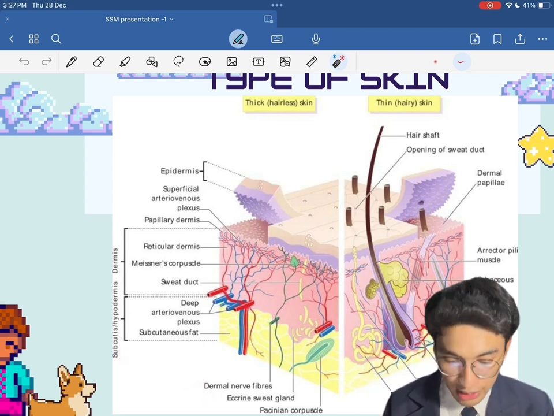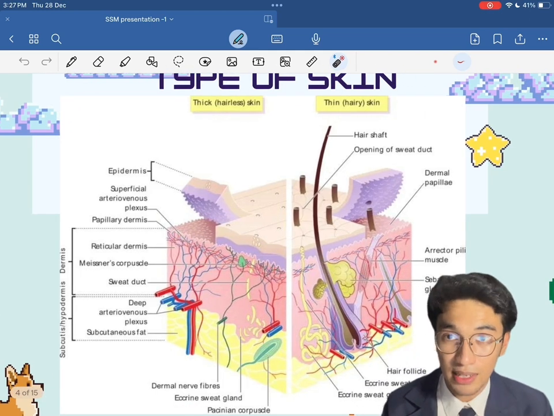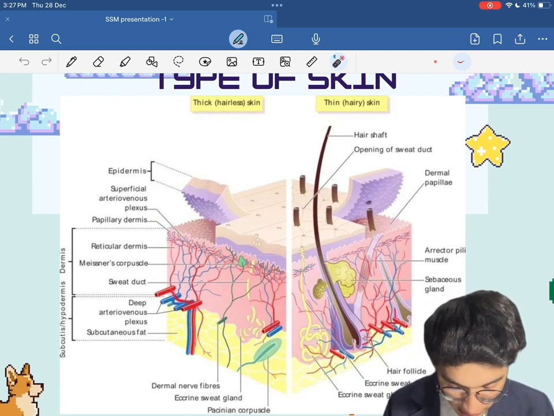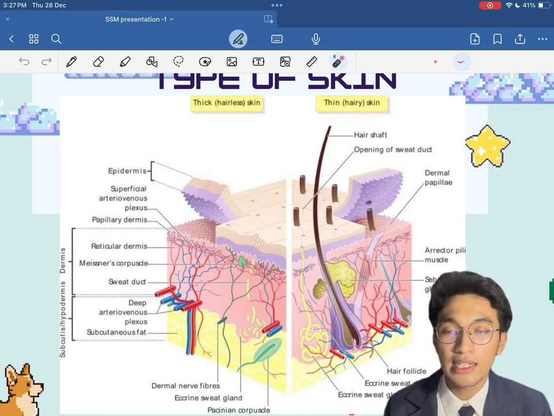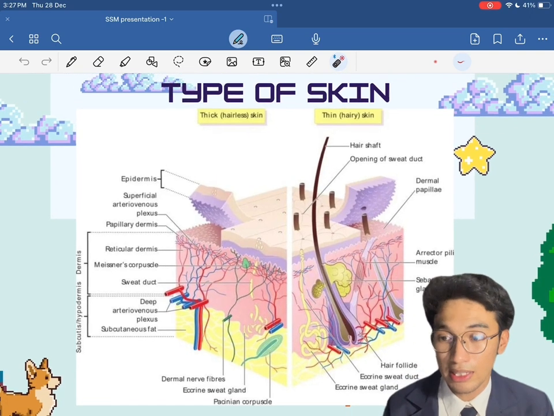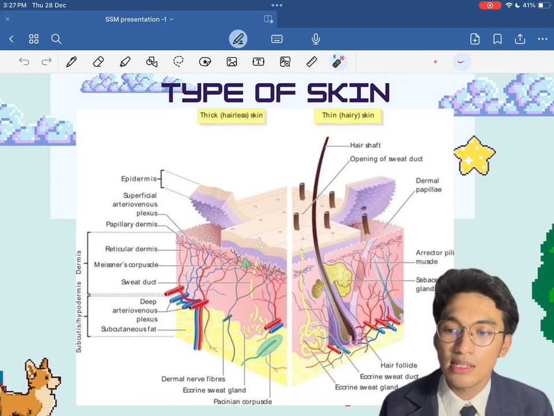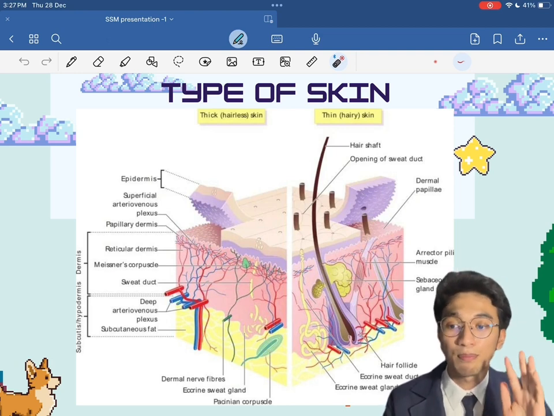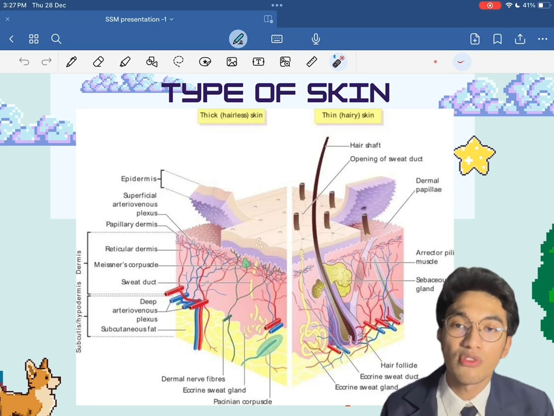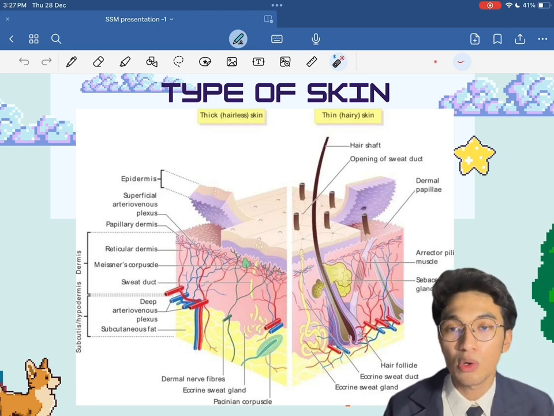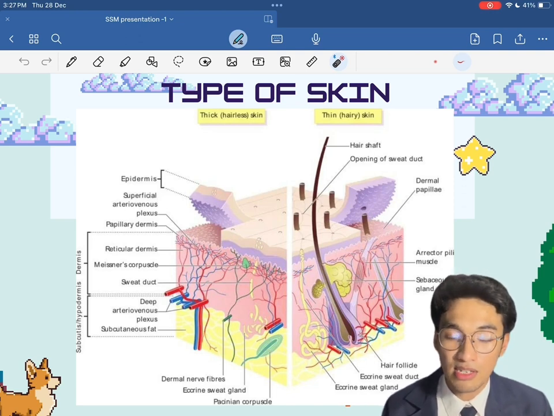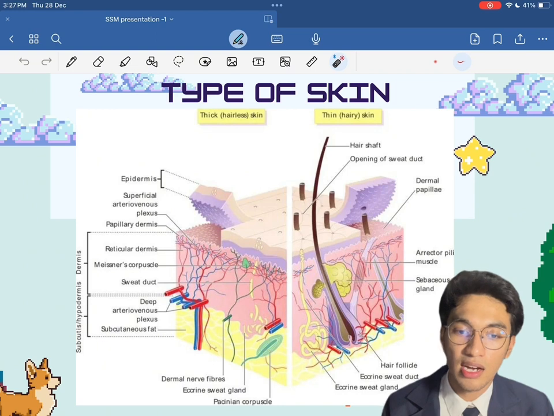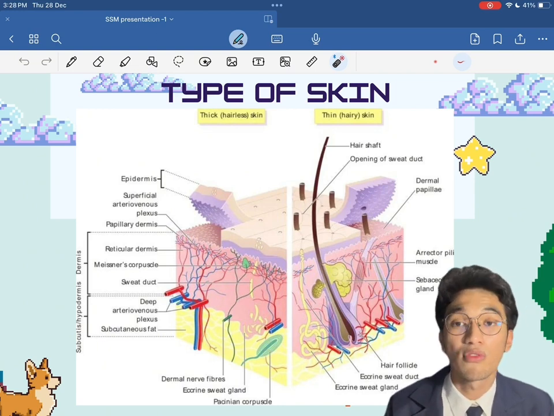For the thin one, we have the hair sheath, opening of sweat duct, dermal papillae, hair follicle, eccrine sweat duct, and eccrine sweat gland. The thicker epidermis layer has numerous sweat glands, lacks hair follicles, and has sebaceous glands and smooth muscle fibers. It is also found in the fingertips, palms, and soles. The thinner epidermis contains hair follicles, sebaceous glands, sweat glands, and smooth muscle fibers, which we call the arrector pili, all over the body.